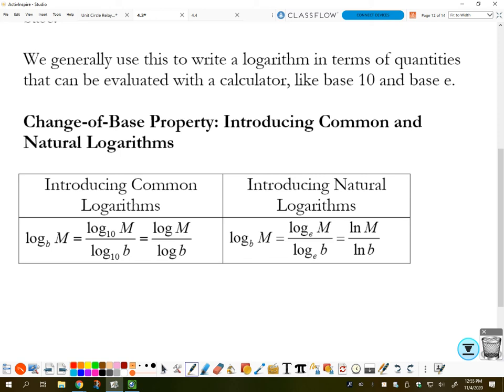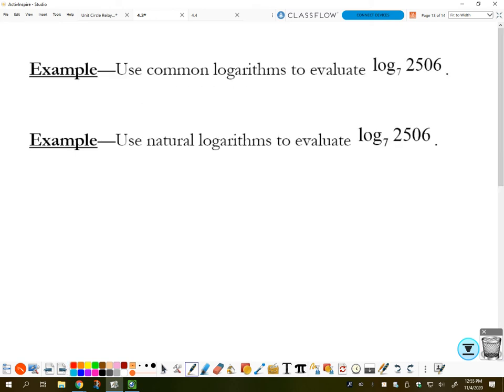Alright, so using the change of base formula, can you figure out this guy? And we're not going to do it both ways. Pick one, I don't care. I always use common log. Some people always use natural log. It doesn't matter to me which one you do. But if we're going to type this in the calculator, we're going to have to do log of 2506 divided by log of 7. Your calculator is going to put a parenthesis here.